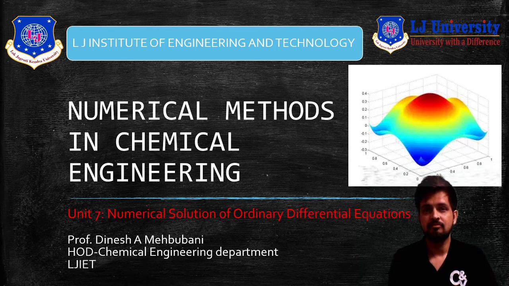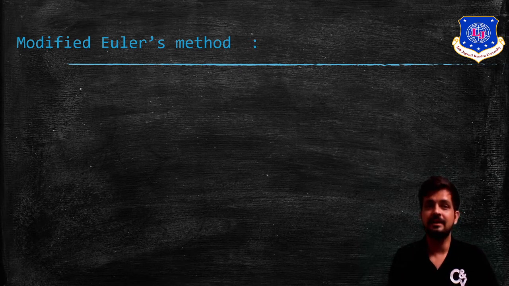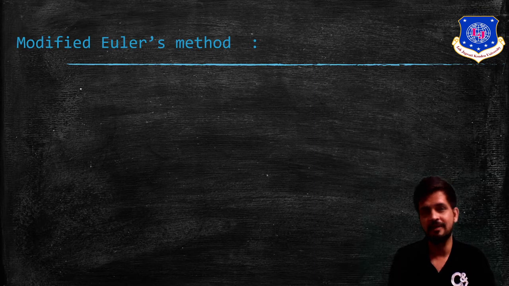What is to be done in the modified Euler's method? I will write the formula of the modified Euler's method. The only difference is we have to find the approximations of y1 until we get the exact value. In Euler's method we were finding one value, and on the basis of y1 we were finding y2, and on the basis of y2 we were finding y3.